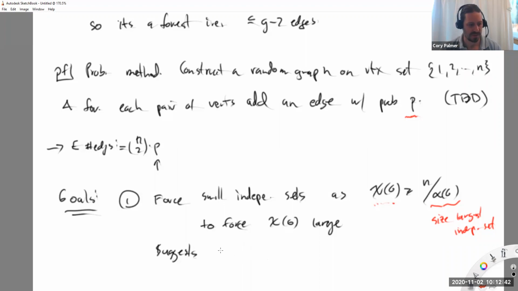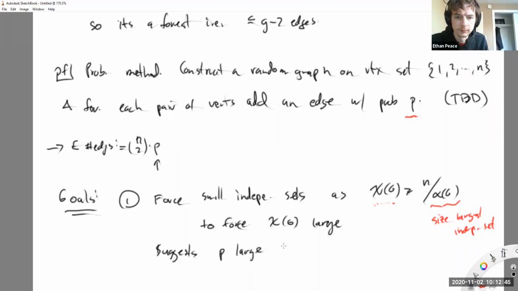This suggests p large, because the larger I make p, the more edges I get, and independent sets become less and less likely. An independent set is a set of vertices with no edge among it. If p is low, then I look at a set of vertices and maybe I don't get any edge there. But the higher p is, the less likely that set is to have no edges in it. So this suggests p should be large.